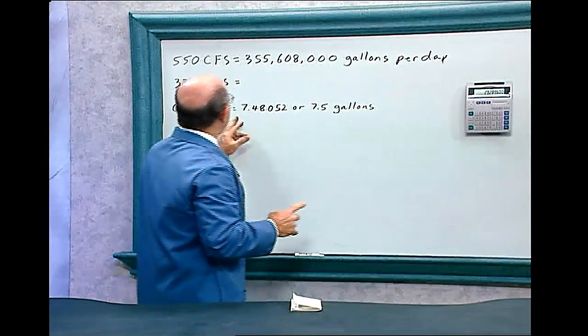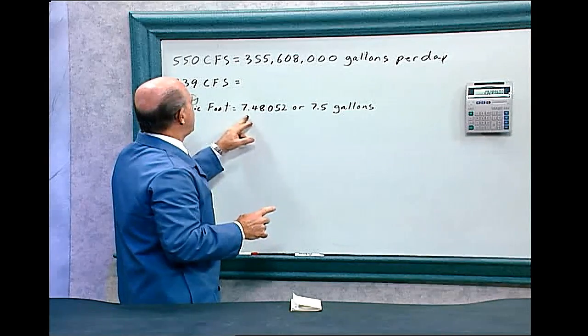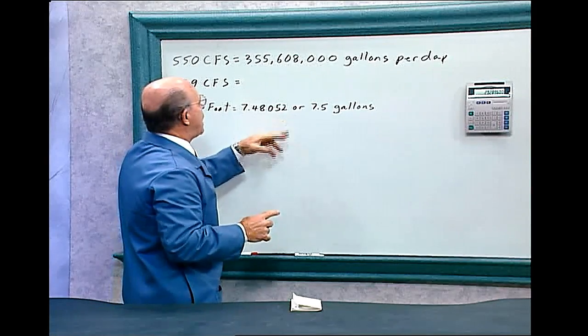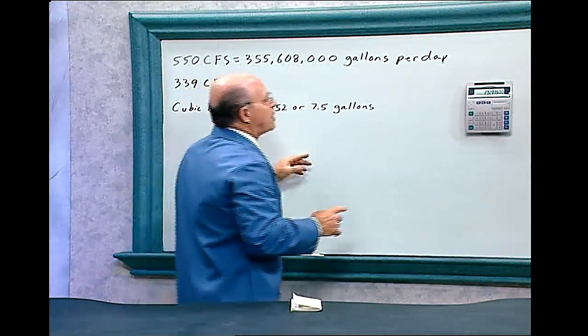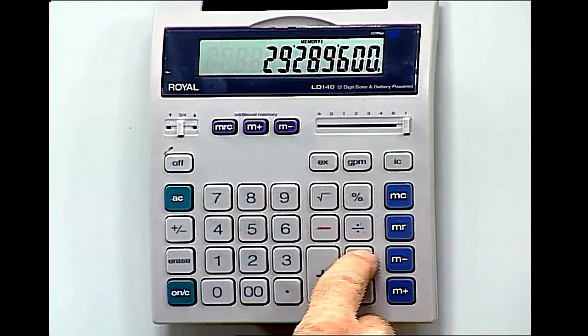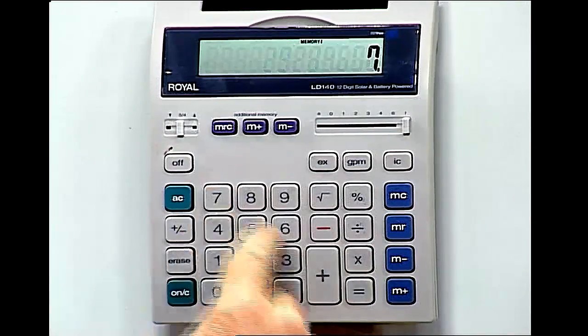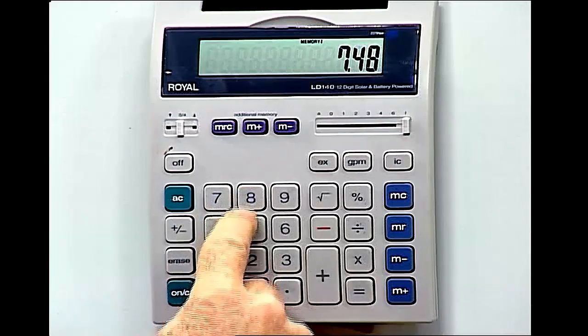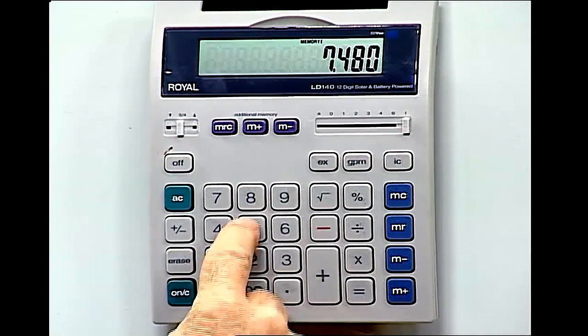Now we find here 1 cubic foot equals 7.48052 gallons. So we got to multiply that number times 7.48052.